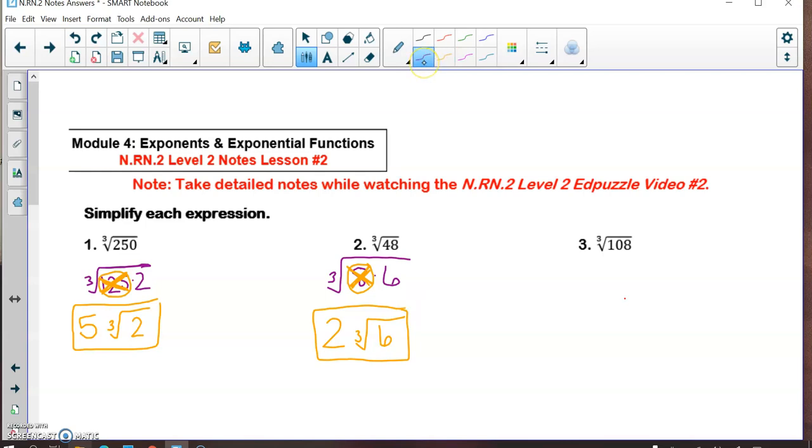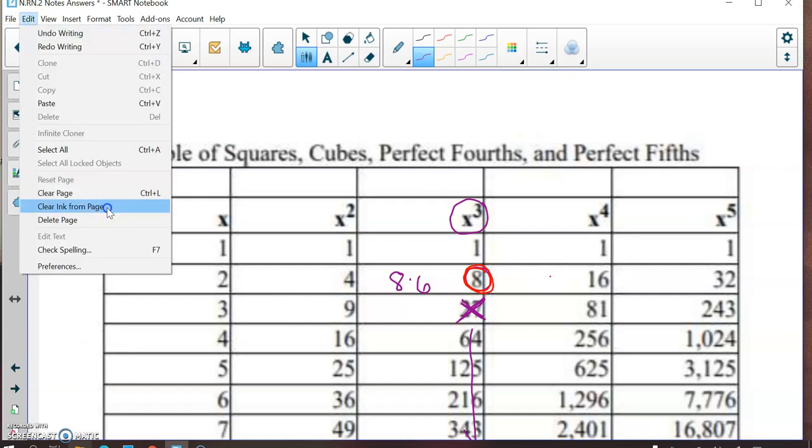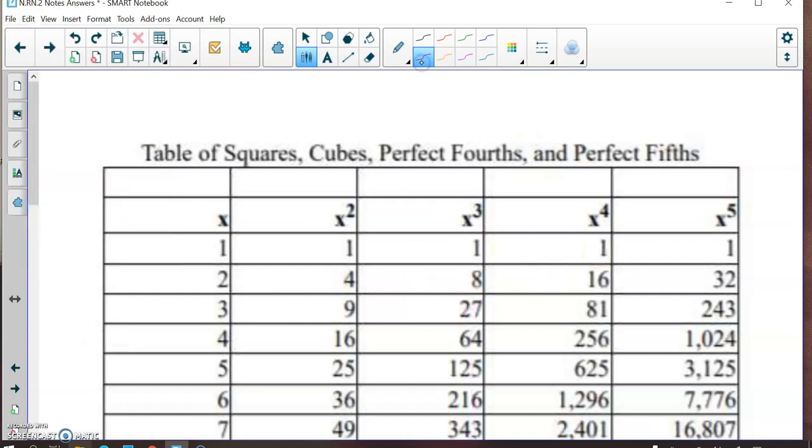All right, looking at number 3, the cubed root of 108. So let's look at our chart. I'm going to start over from the beginning. So remember, I look at my x cubed column because I'm finding cubed root. I'm going to do 108 divided by 8. That comes out to be a decimal, so 8's not a perfect cube of 108. 108 divided by 27 does work out nicely, though.